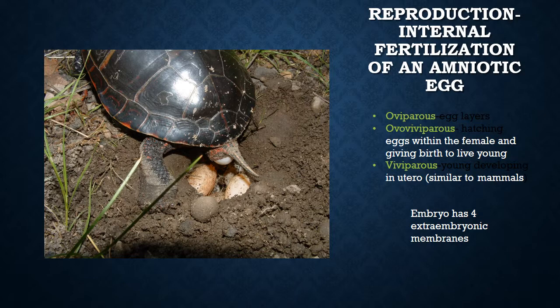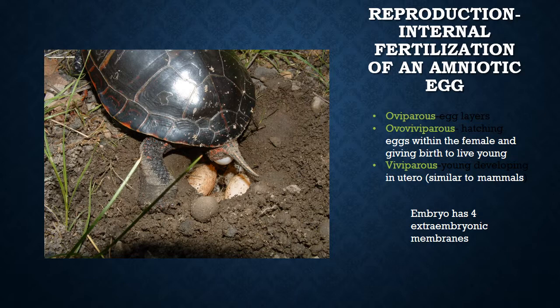Okay, so let's talk about reproduction within reptiles. They do have internal fertilization of an amniotic egg. And we are going to talk about what that amniotic egg is, I promise. There are 3 different types of births, and we've talked about this before when we looked at our class Chondrichthyes, if you remember that.